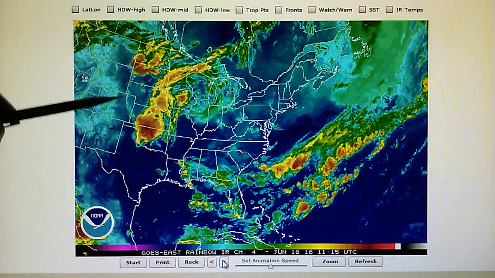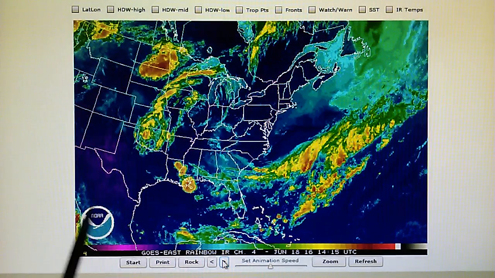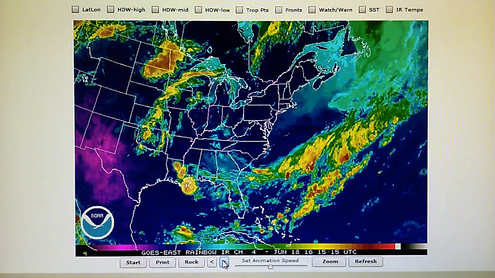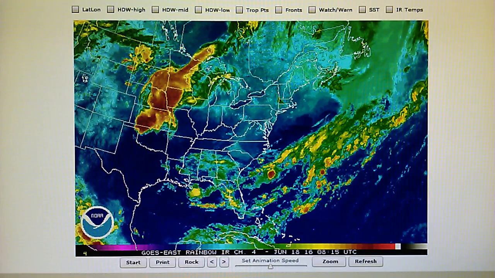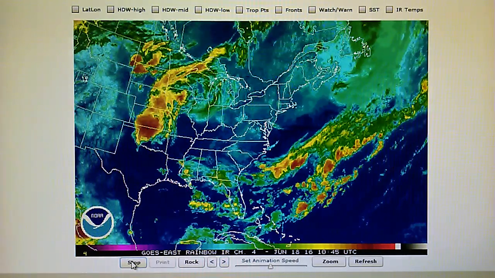We can see it right there. And this one here is hit next. That's pretty amazing. Let's go ahead and just run that.